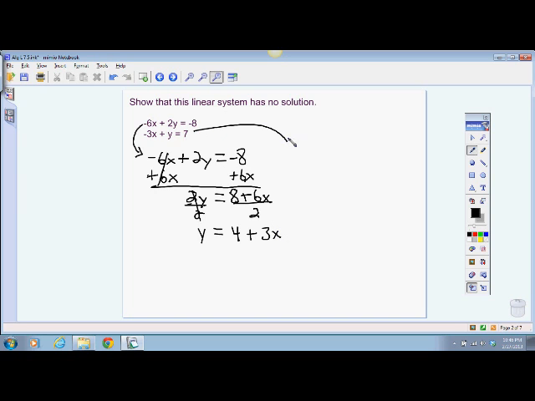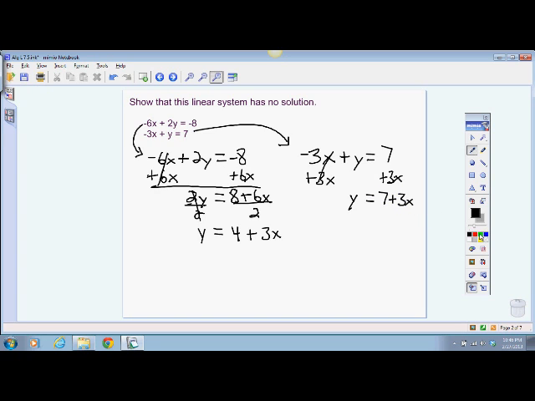Now we can look at our other equation here. Again, I'm going to put it in slope-intercept form so I can graph it. And I'll show you how we could use substitution too. Okay, again, y equals mx plus b, so I'm going to add 3x to each side. Left with y equals 7 plus 3x.